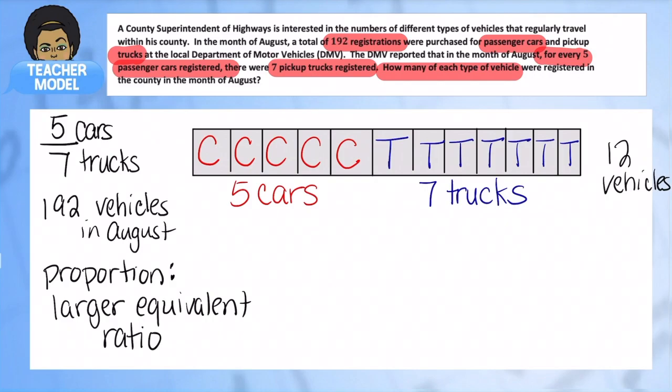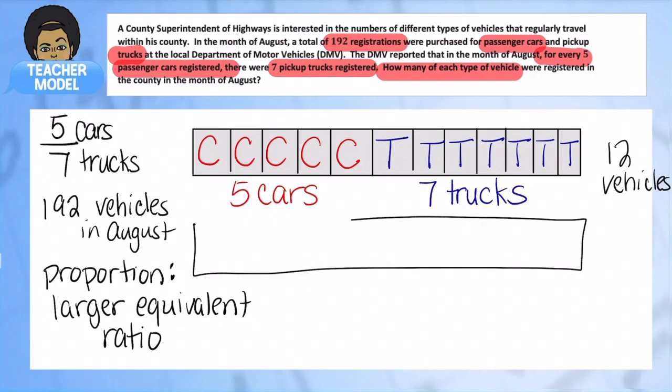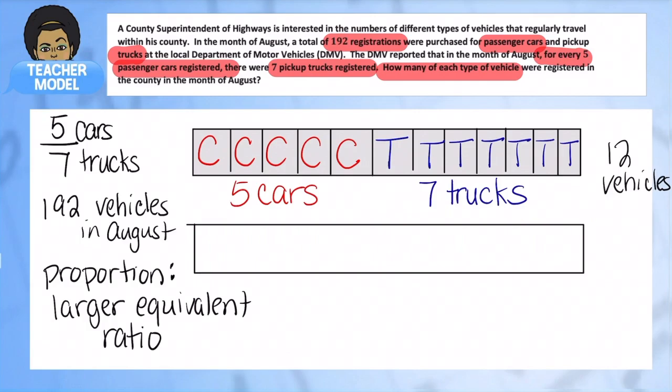Okay, I can see this here. I can draw another tape diagram. Like, I know that's not enough, but I want to keep the ratio again. So I could just draw another one and do another 1, 2, 3, 4, 5 cars and 1, 2, 3, 4, 5, 6, 7 trucks.